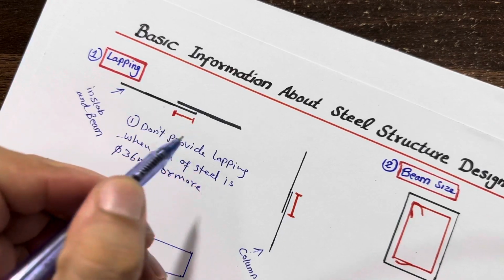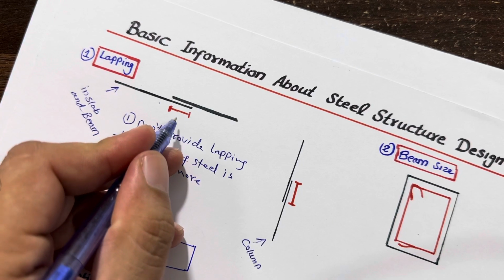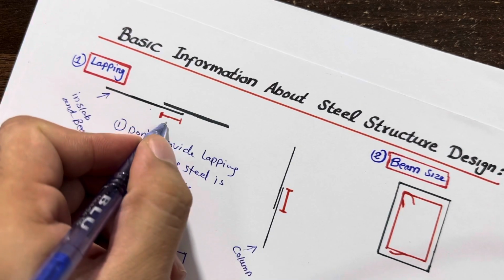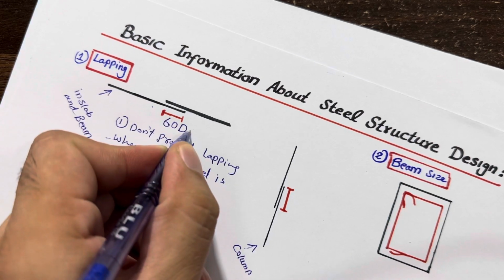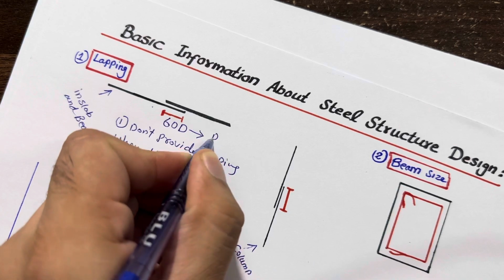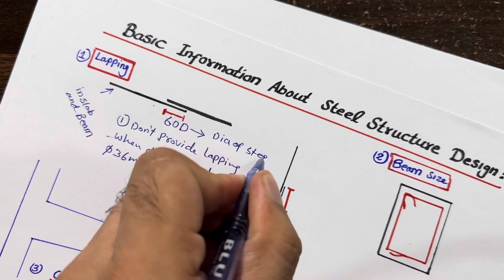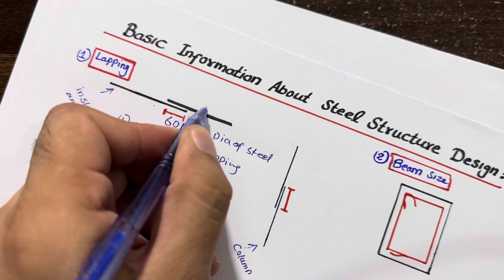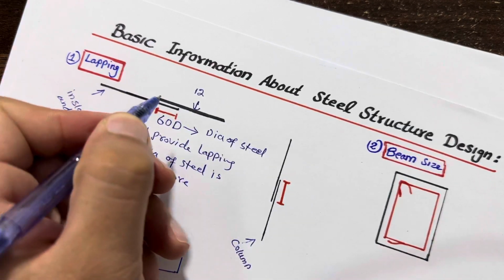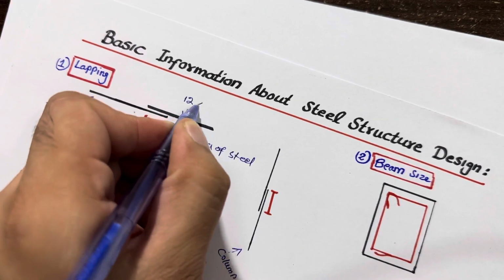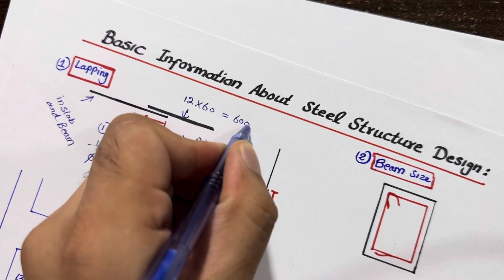So what should be the lapping length? Guys, remember in RCC slab or in beam, whether it is floor beam or plinth beam, it should not be less than 60D, where D is the dia of steel. For example, if we are using 12 millimeter dia, then 12 multiplied by 60, it means about 720 millimeter.